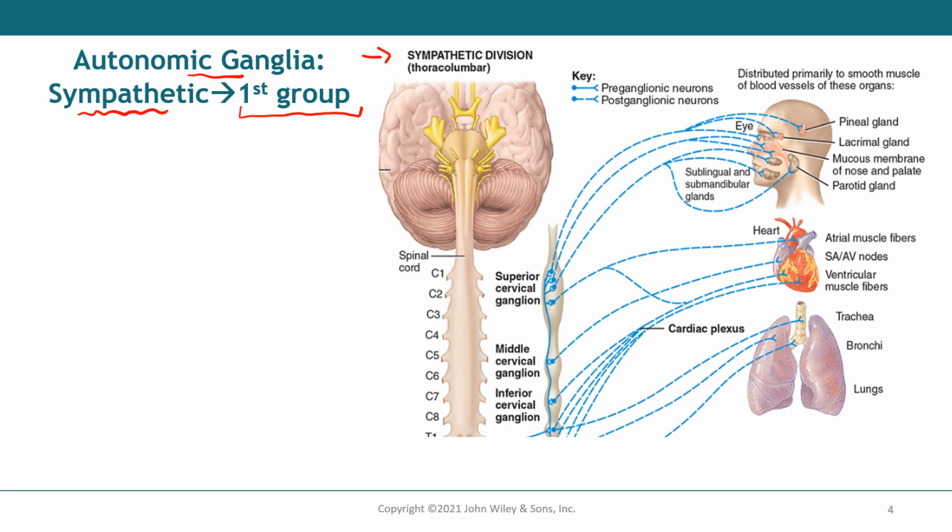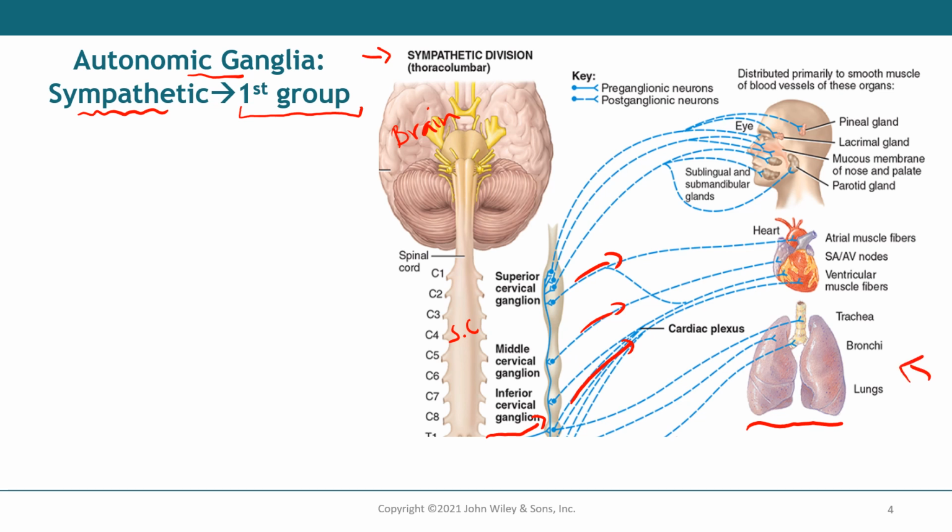So here you find, again, this is the same diagram, spinal cord. Here you find the brain. So you find all this central nervous system that is going to send preganglionic neurons that will attach to these postganglionic neurons that are located here, and they will be seen innervating different regions, different organs.